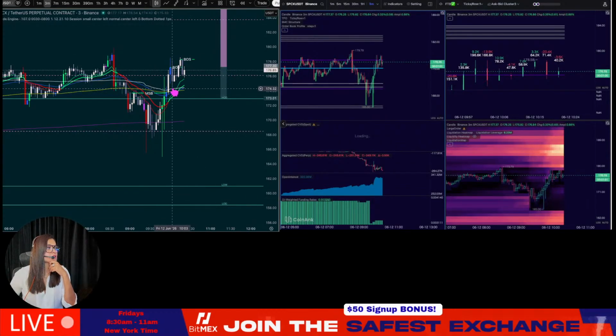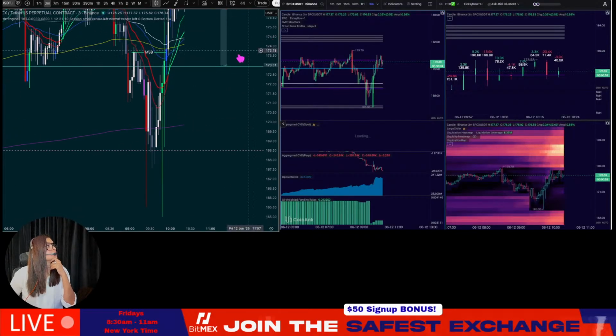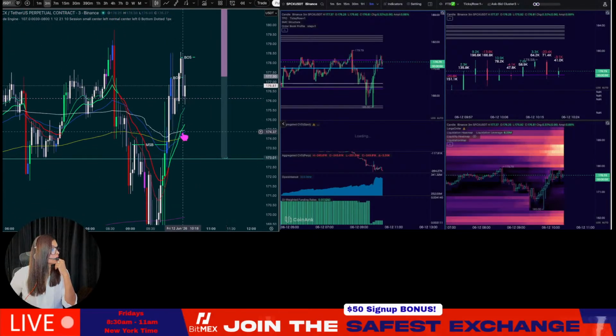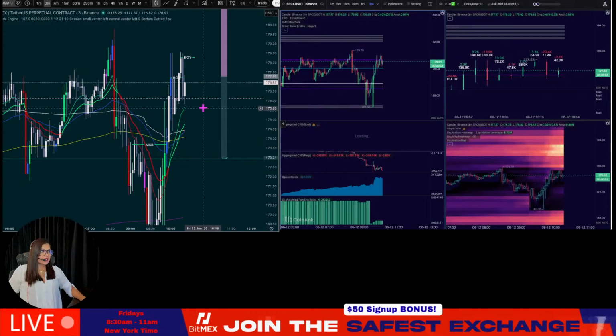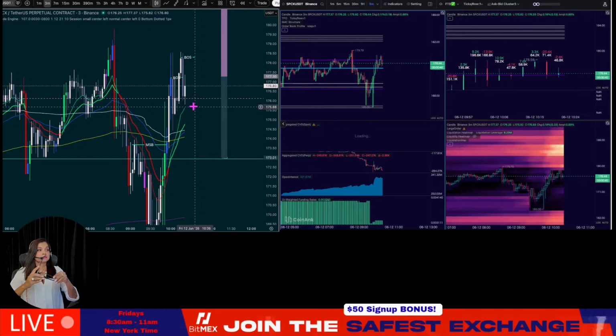All right, price is above the VWAP, and it's respecting the 12 and the 21 EMA. It's way above the 12 and 21 EMA. So that is telling me that we're good for now.